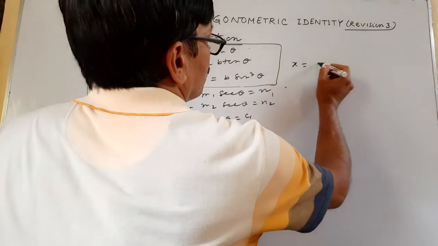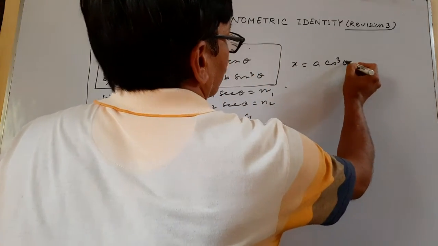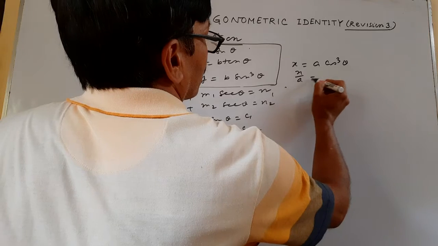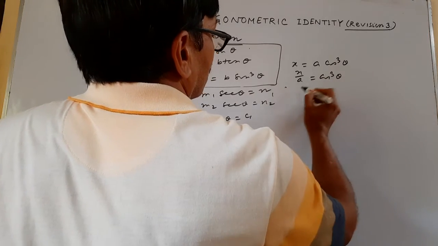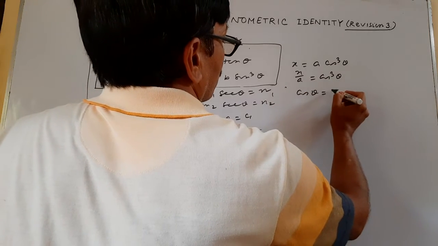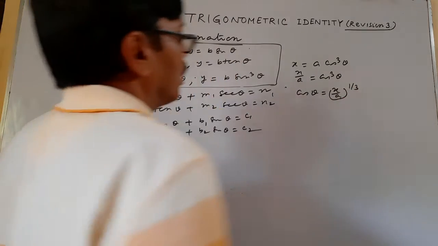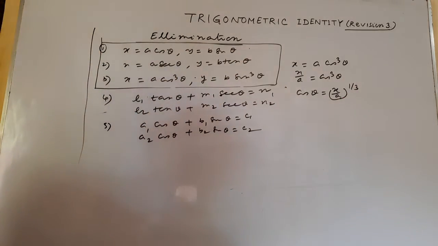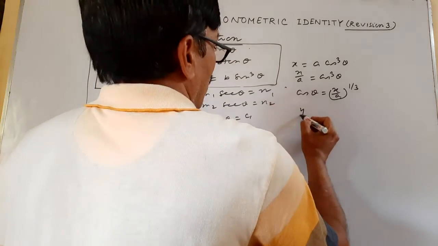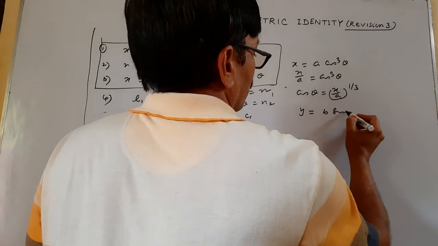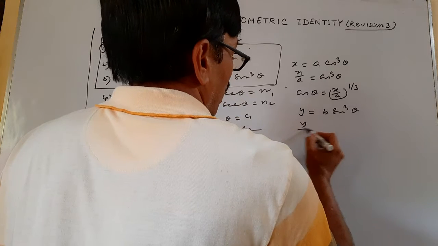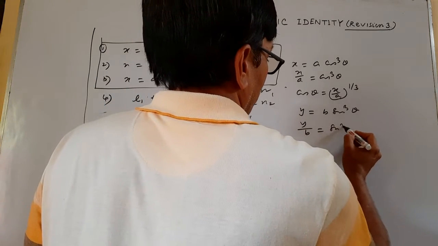So x equals a cos cube theta. So x by a equals cos cube theta. So by the rule of indices, cos theta equals (x by a) to the power 1 by 3. Now what is y? y equals b sine cube theta. So y by b equals sine cube theta.